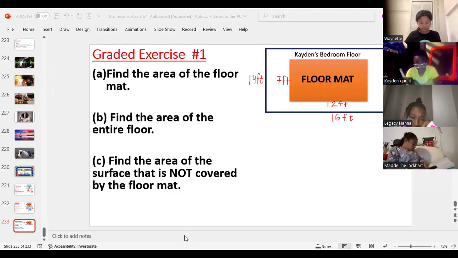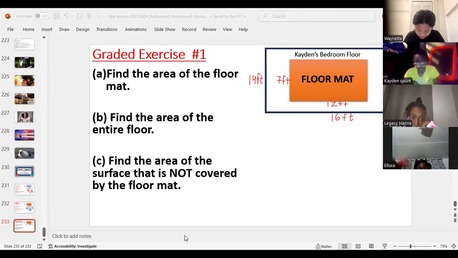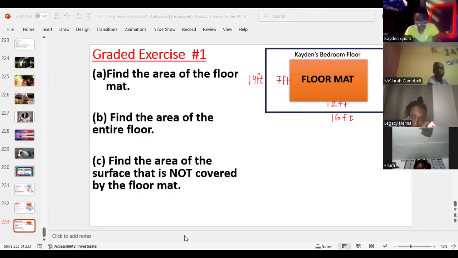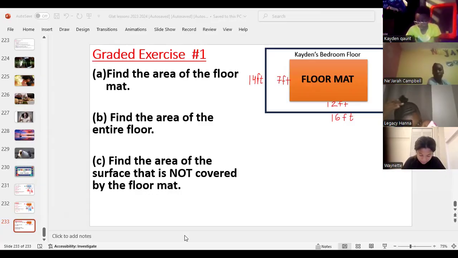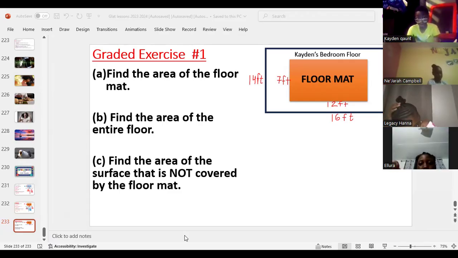Allura, turn your camera for me, please. Let me help you with the first one. Excuse me, Mr. Petit. 1 second, I'm speaking to Allura. Allura, read A. Find the area of the floor mat.